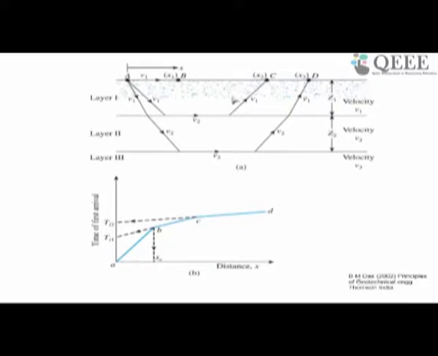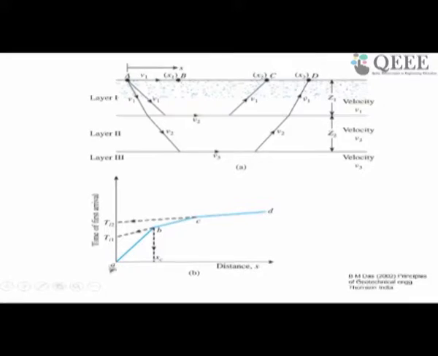When you have multiple layers, you will have a different velocity of seismic waves. So the seismic waves will reach the geophones at different times if they follow different layers. So that information will be recorded, and then that is going to help you to characterize.